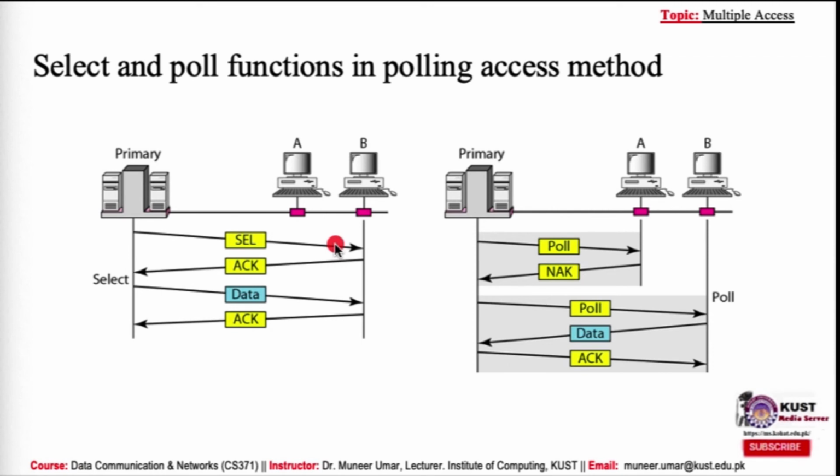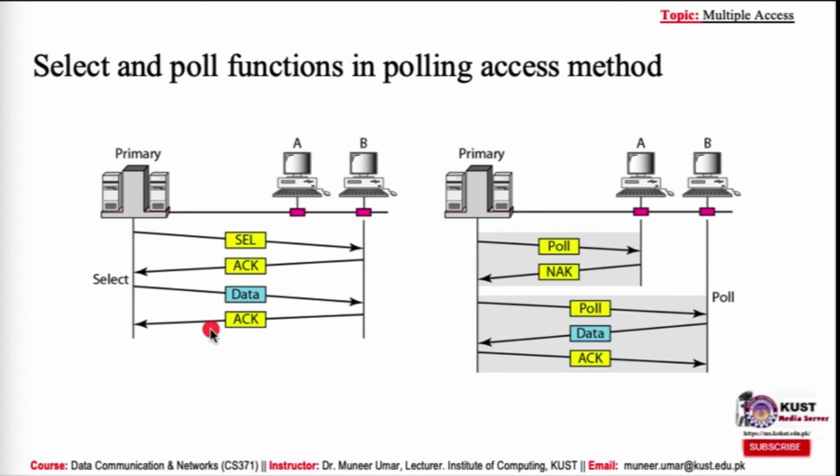If the primary wants to send data, it tells the secondary to get ready to receive the data from the primary. And this is called the select function. Here we have the select function and here we have the poll function. Select is used for sending data from the primary device, while poll is used to ask the secondary devices whether they want to send any sort of data.